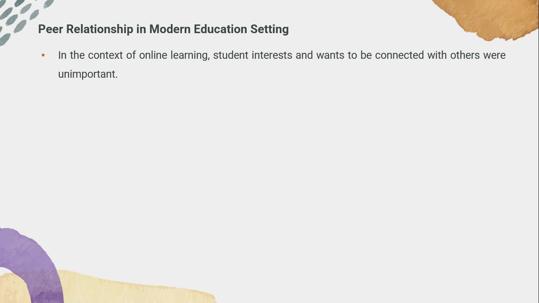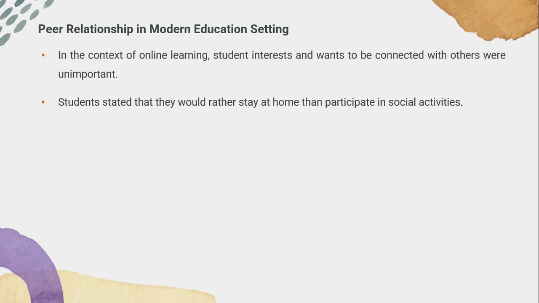In the context of learning, students' interest and wants to be connected with others were unimportant. Students did not believe that their ability to connect with others had improved. In the context of online learning, their interests and wants to be connected with others were unimportant.